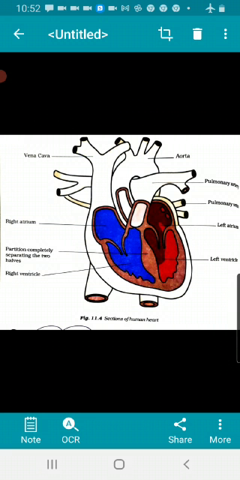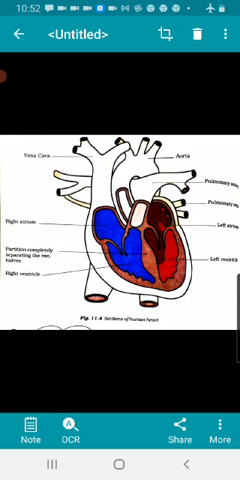Now, the pulmonary vein carries this oxygenated blood from the lungs to the left atrium of the heart. When the left auricle contracts, the oxygenated blood goes into the left ventricle. On contraction of the left ventricle, the oxygenated blood is pumped into the main artery called aorta.